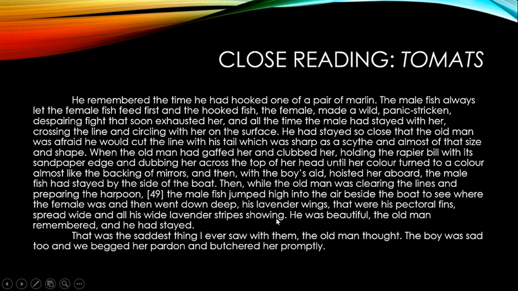The lavender stripes showing, so that juxtaposition of color between the dead fish, so death and life, if we think about these two fish being symbolic of those two things, and the sharpness of the line between life and death.